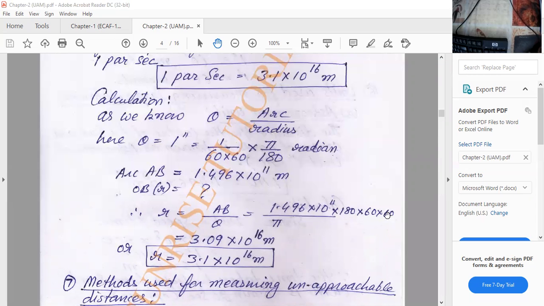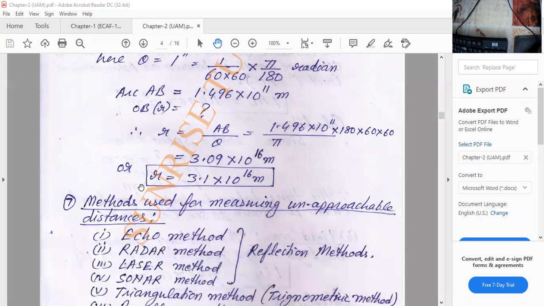By putting the values, this is 1.496 into 10 to the power 11 into 180 into 60 into 60 upon pi. On calculation, it gives 3.09 into 10 to the power 16 meters. So the radius becomes 3.1 into 10 to the power 16 meters. So this is the value of 1 parsec.